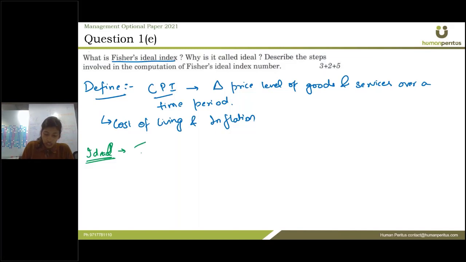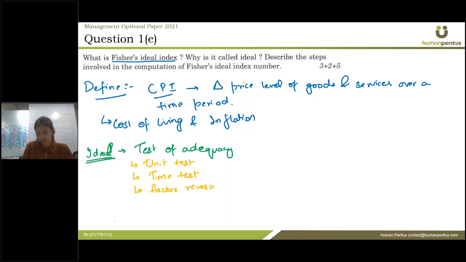There are 4 tests of adequacy: first one is unit test, second time test, third factor reversal test, and fourth circular test.